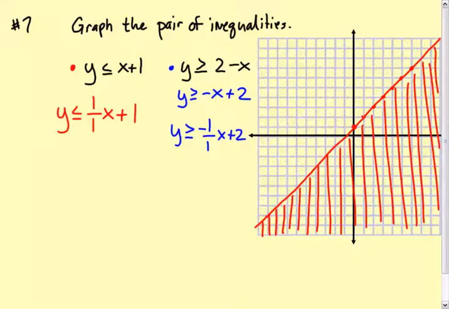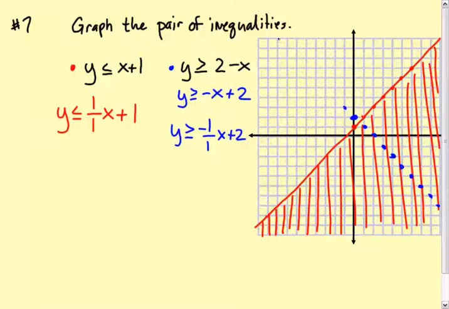Now, let's graph this other one, the blue one. The y-intercept is 2, so I'll put a dot on 2. And the slope is negative 1 over 1, so I go down 1 over 1, down 1 over 1. Okay, so it looks like this. It's supposed to be solid, right?